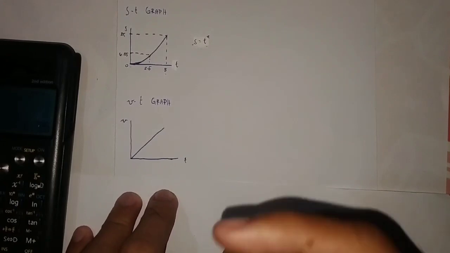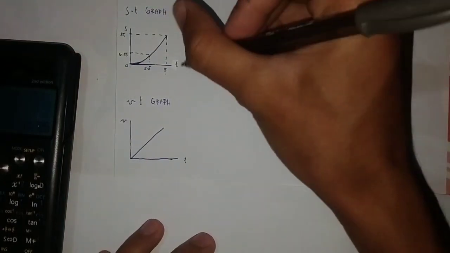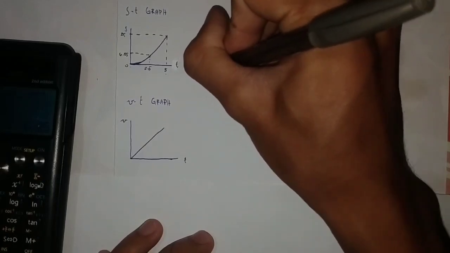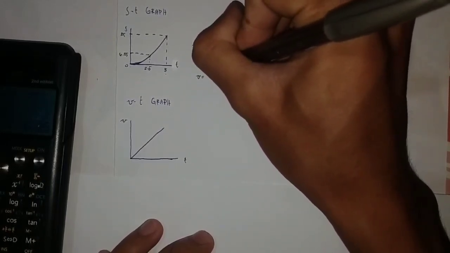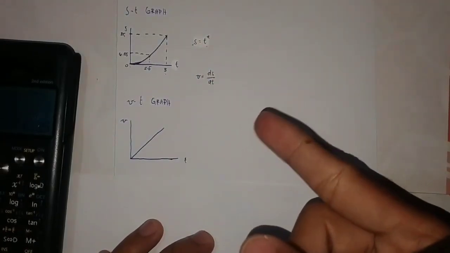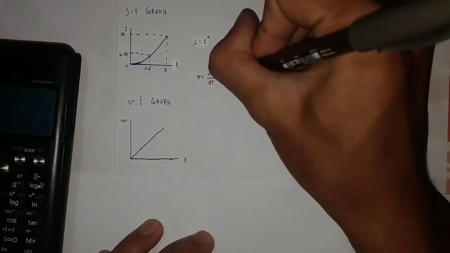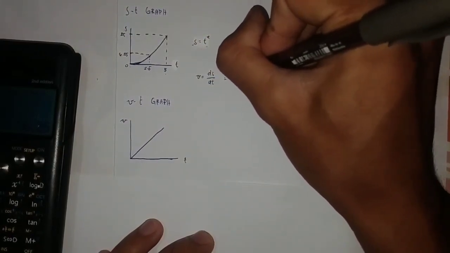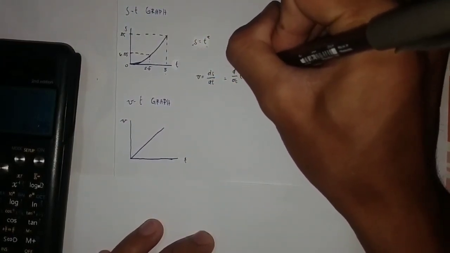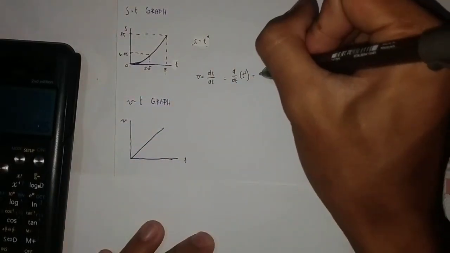Since we have the formula V equals ds over dt, we can create an equation of V. So we have d over dt times t squared. The derivative of t squared is 2t.